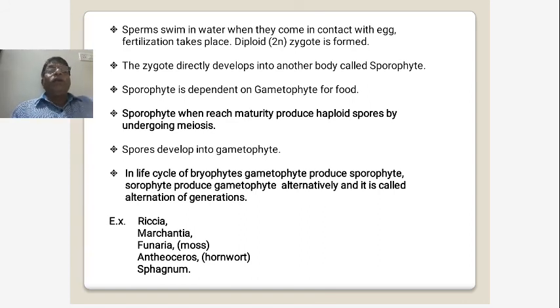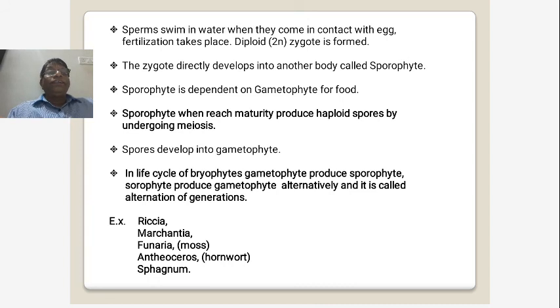When the sperms are released outside, they swim for some time with the help of cilia. Then, through the water current, they reach the female gamete, the egg. Fertilization takes place. A diploid zygote is formed.